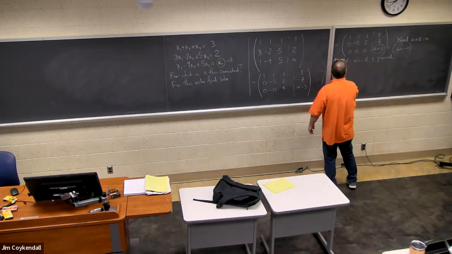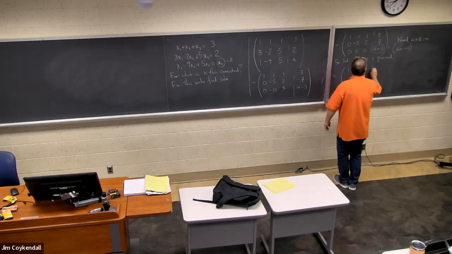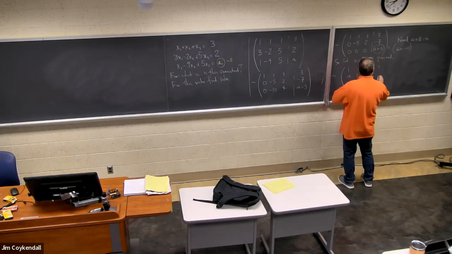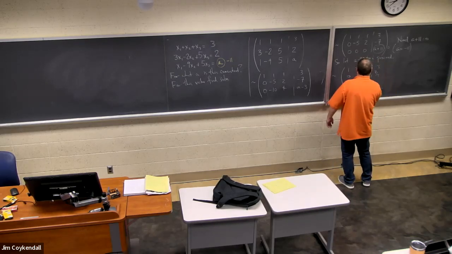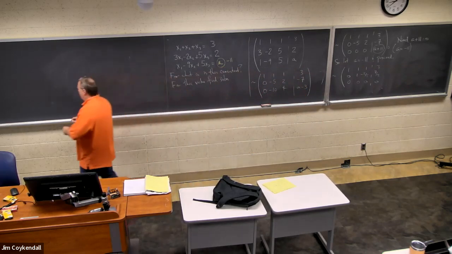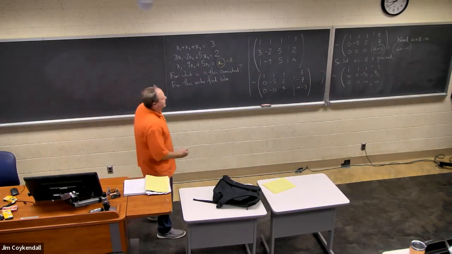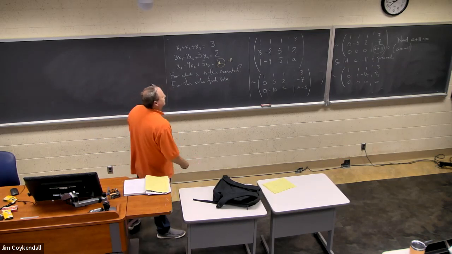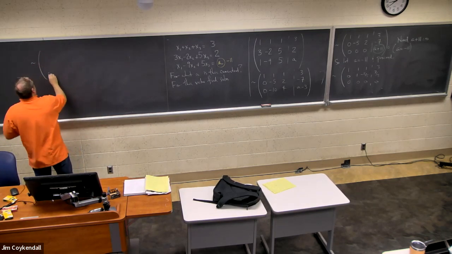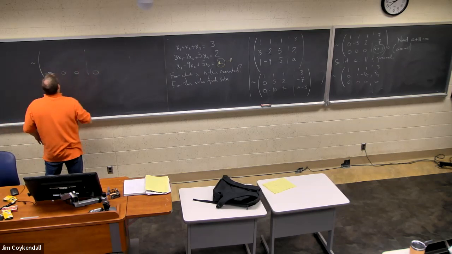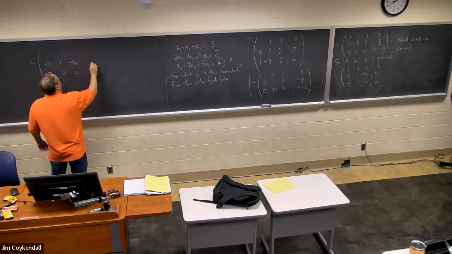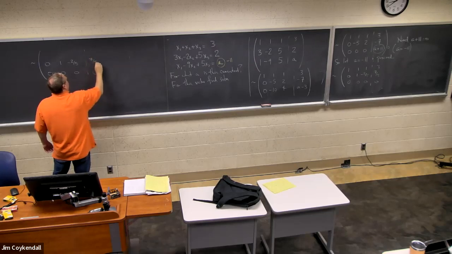Multiply this by -1/5, and I get 1, 1, 1, 3; 0, 1, -2/5, 7/5; and 0, 0, 0, 0.